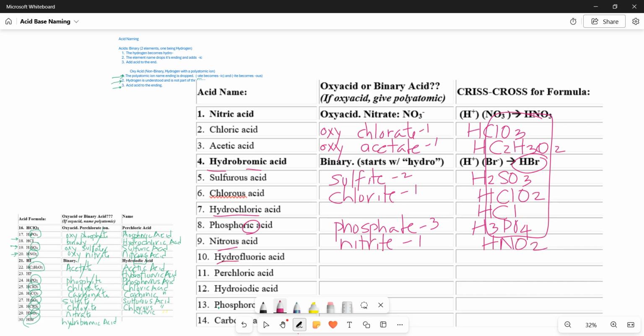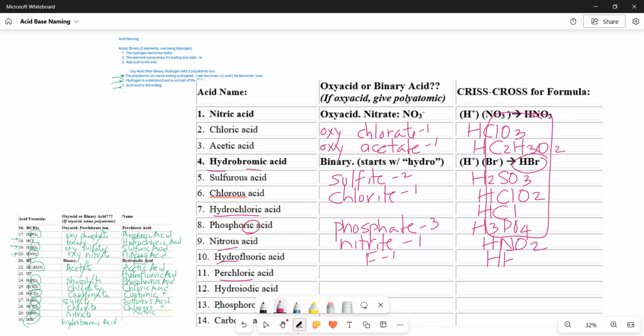Hydrofluoric. Hydro means that this is binary. Fluorine's, no, it's not FL, sorry. F with a -1 charge, so this is going to be HF, 1:1.